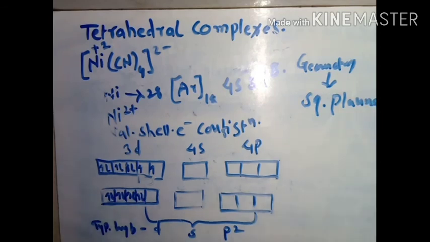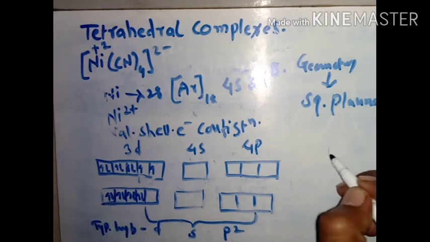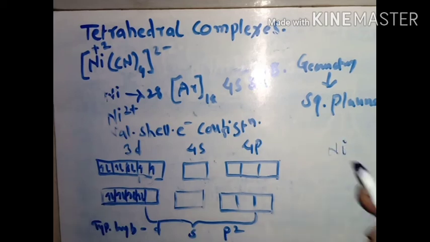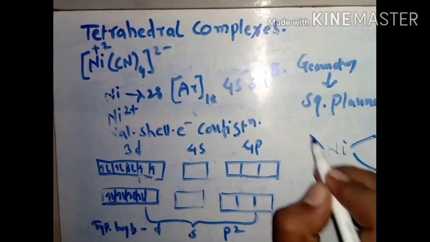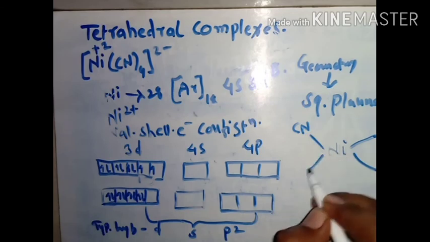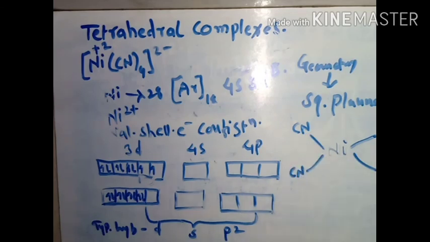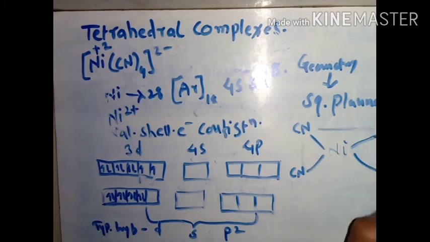So we can write the geometry here: Ni in the center, and the four cyanides are present at the four corners like this. In this way we can write the electronic configuration, geometry and type of hybridization.